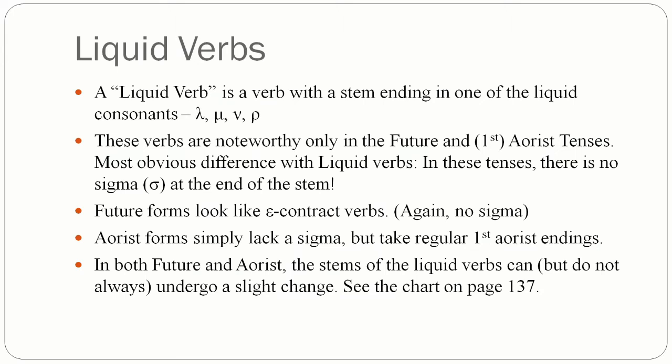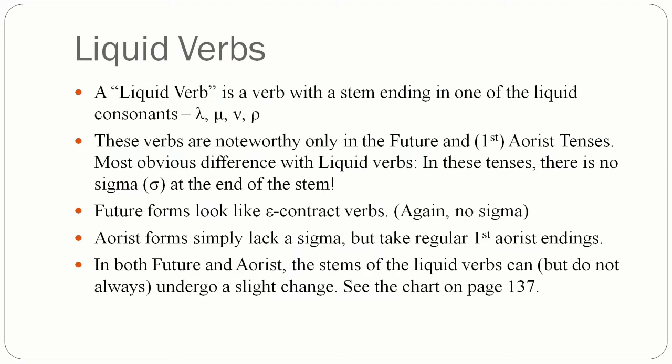All right. Like the contract verbs, the changes to liquid verbs only happen in a few tenses. In liquid verbs, you only have to worry about strange things happening in the future and the first aorist tenses. What is the difference?